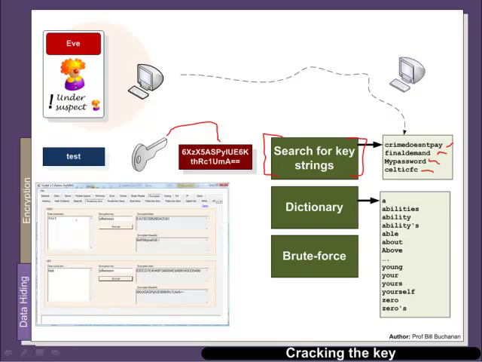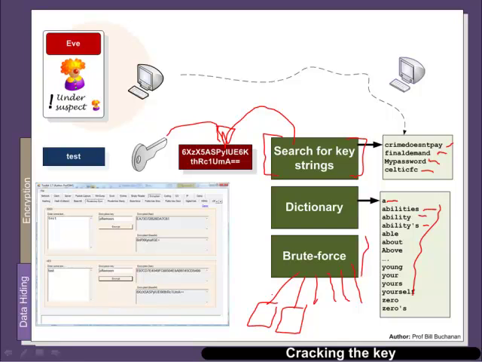If these fail when we try to decrypt the ciphertext, then a dictionary could be used, of which we have a standard dictionary here. And then if the dictionary fails, then it's possible to go for brute force. A typical method here is to use a processor farm where we have multiple processors, each will be given a range of keys, and then we'll iterate through those keys until a success is found.